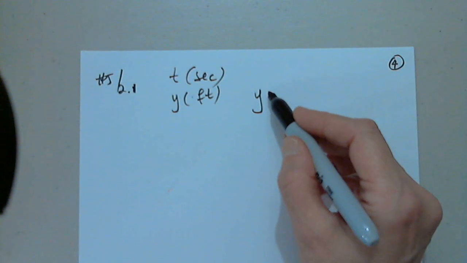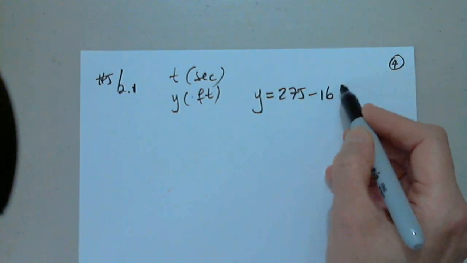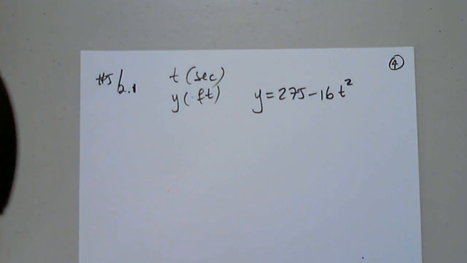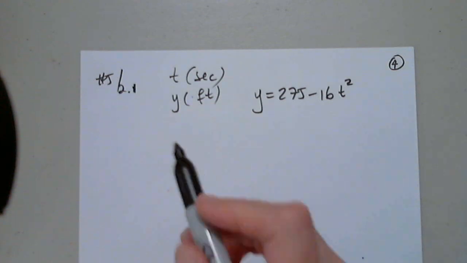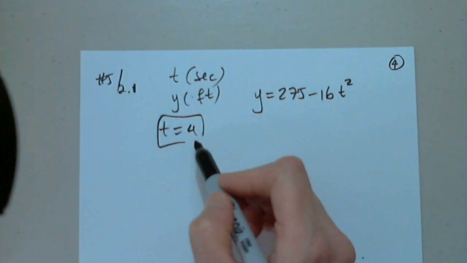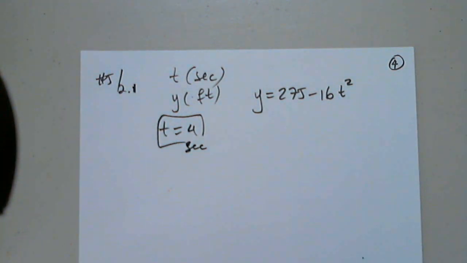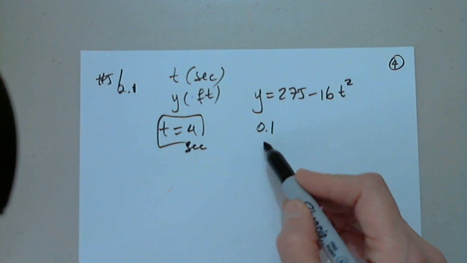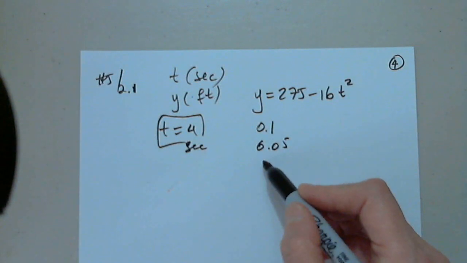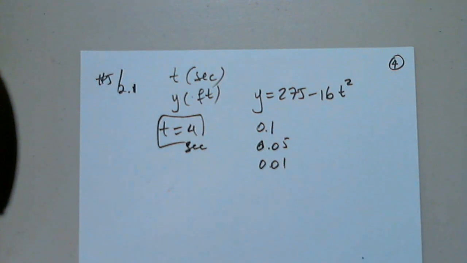So then y is 275 minus 16t squared. Find the average velocity of the pebble for the time period beginning with t equals 4. So we are interested in t equals 4 seconds, and lasting 0.1, 0.05, and 0.01.